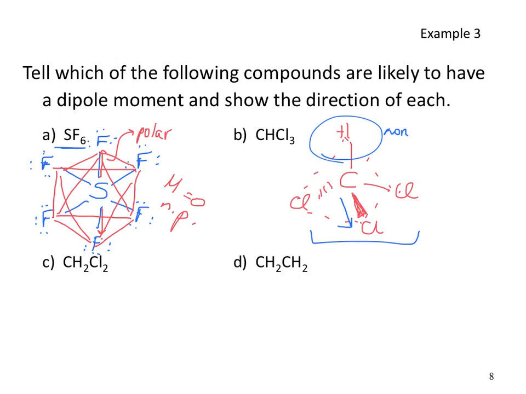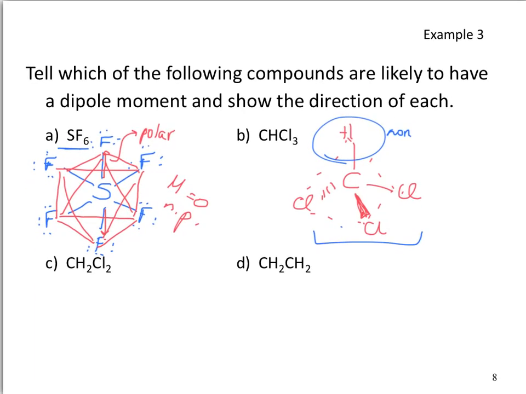And the net polarity is going to be essentially in a direction which is the resultant of the three vectors. So it will be a net downward pull. Okay, and so this will have a mu, finite mu.